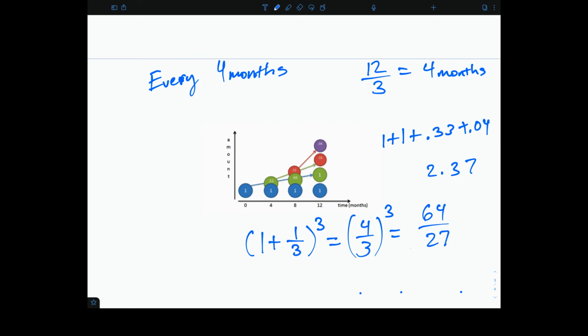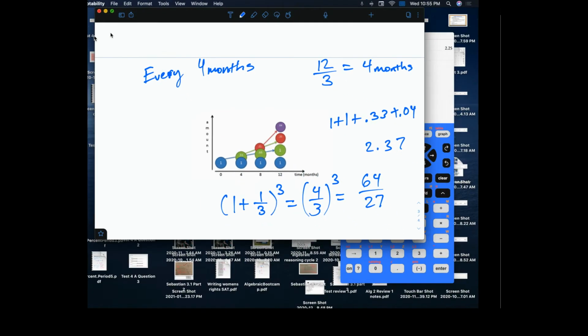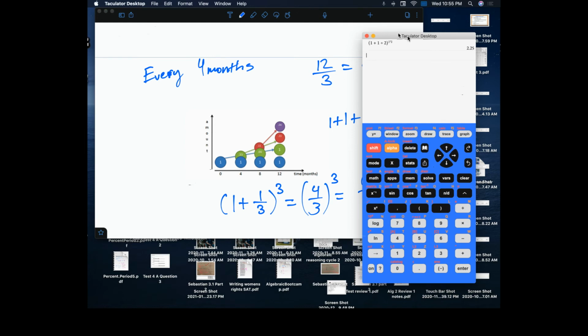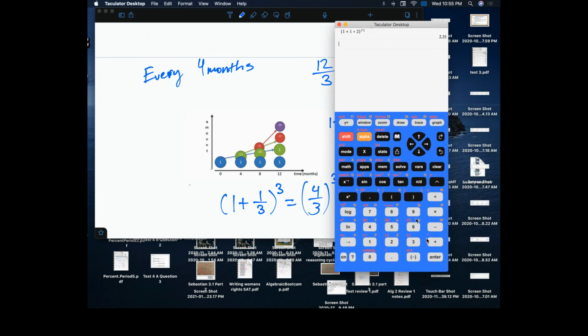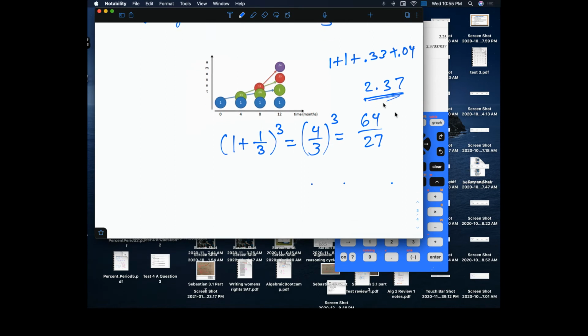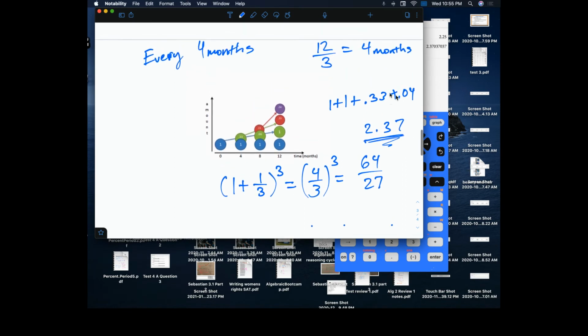And so again, if I was to take the calculator out and do this, we would be getting 64 over 27, which is 2.37, which is what we more or less got here. Okay, so it's the same thing.